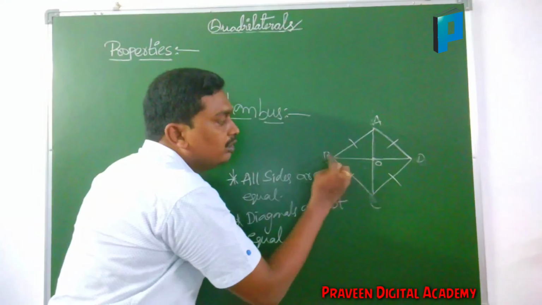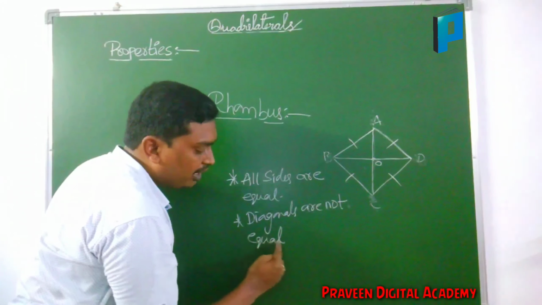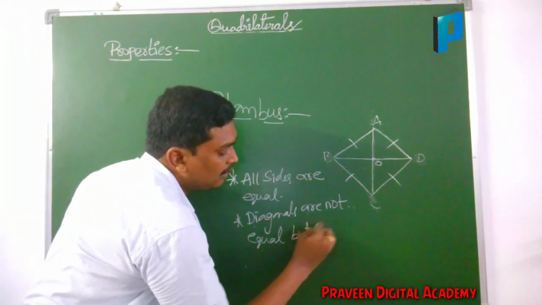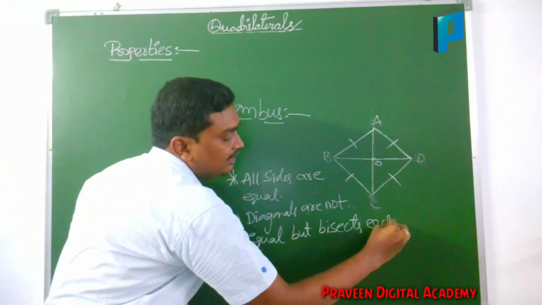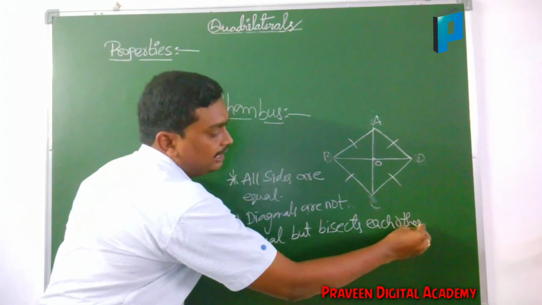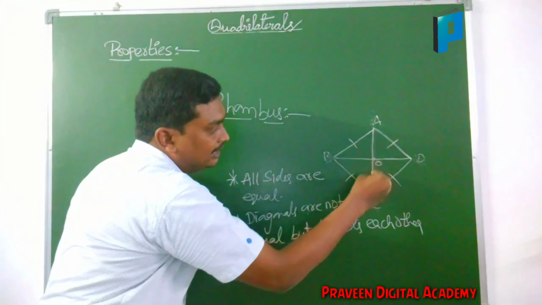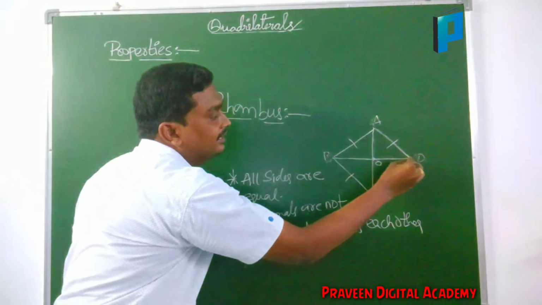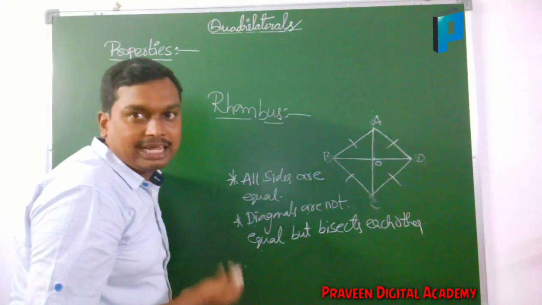But both diagonals bisect each other. Diagonals are not equal, but bisect each other. Look here, AC is there, BD is there. If AC is 5, BD may be 4, maybe 3, like that.